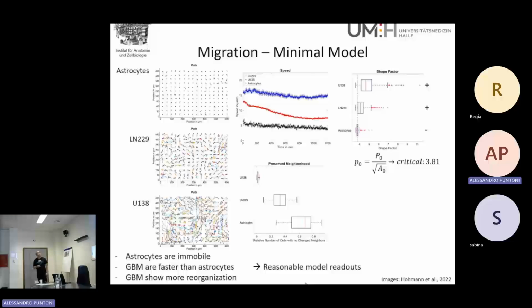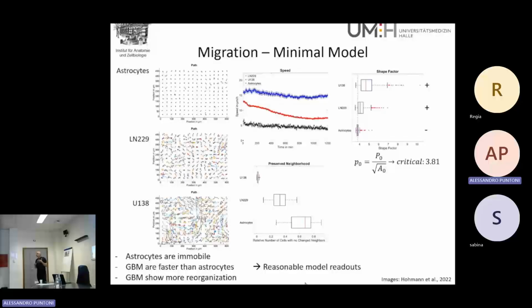High values indicate a more stationary system, while low values indicate a high amount of reorganization. Looking at these values again, we see what we expected from our videos. So our system makes sense in that sense: we can recapitulate key factors of glioblastoma migration, showing high reorganization and high speeds compared to the healthy brain cells.